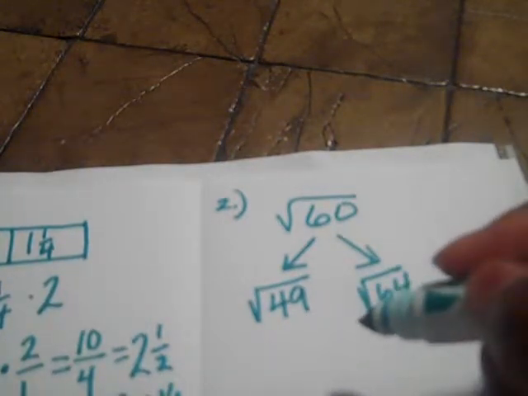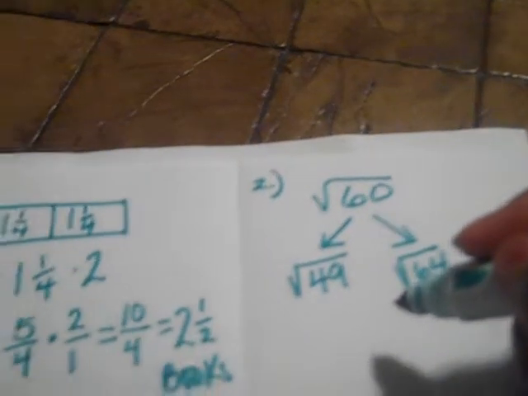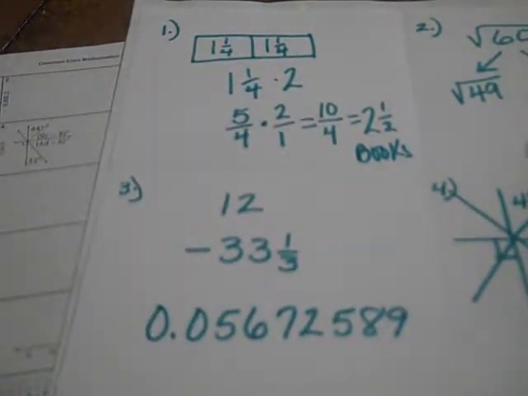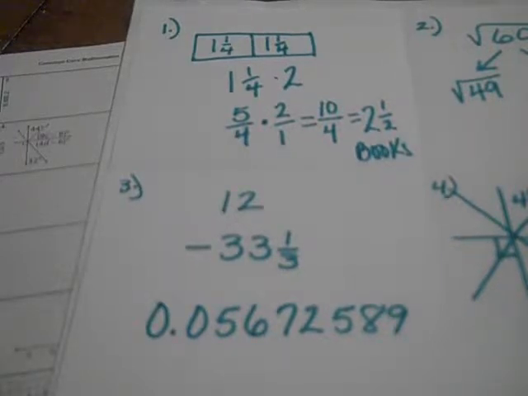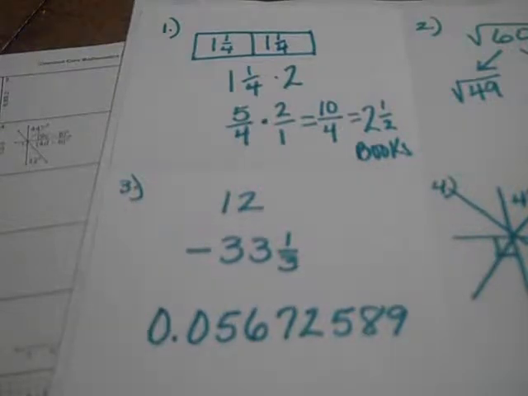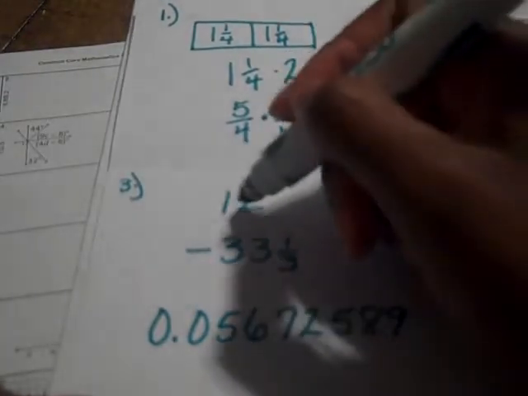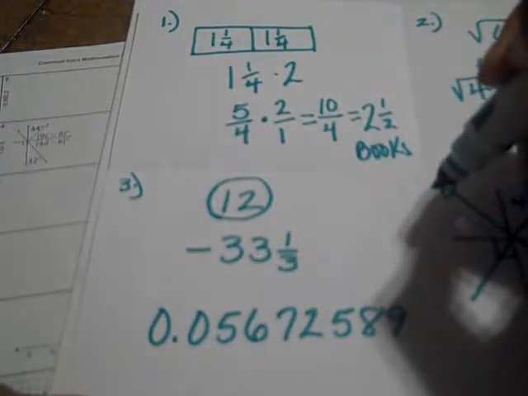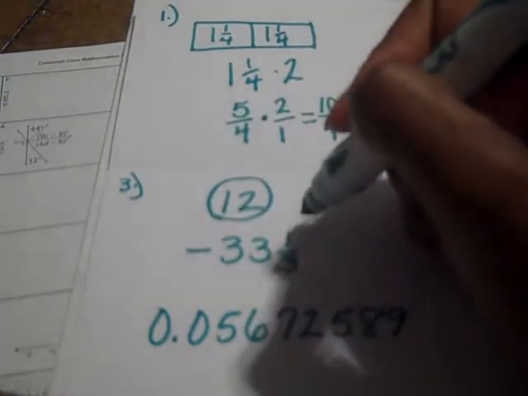Moving on to number 3. In question number 3, it wants us to circle all of the rational numbers. Rational numbers are any numbers that can be written as a fraction. So that means 12 can be written as a fraction as 12 over 1. Negative 33 1/3 can be written as a fraction.